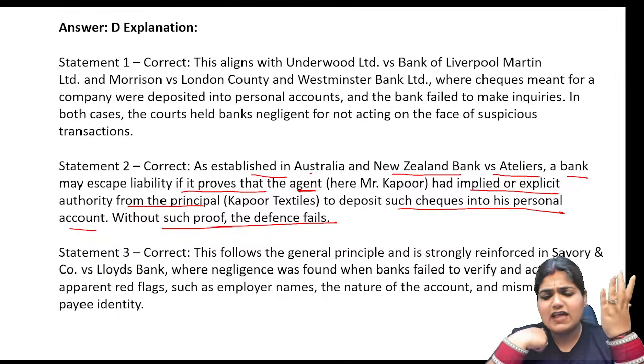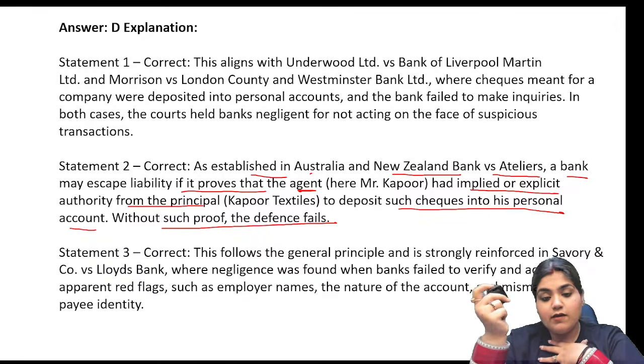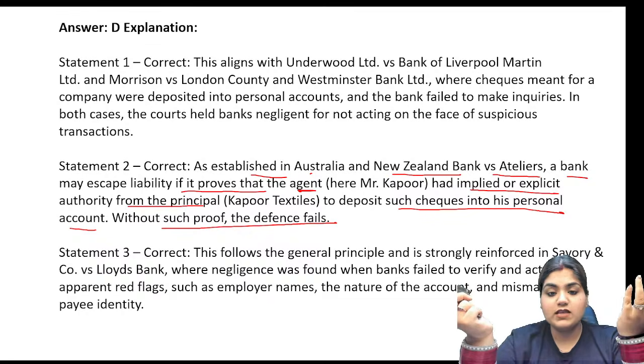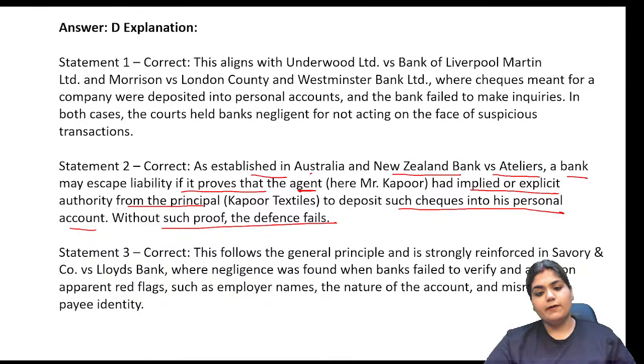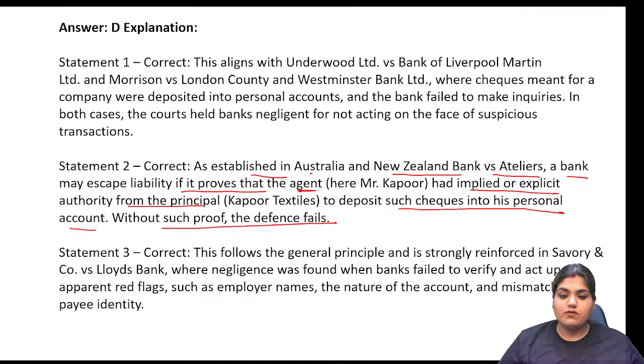Basically a defense is allowed to the bank. If the bank shows that I was allowed by this company earlier, they can say, we don't know when you took away the authority from Mr. Kapoor, you never informed us. That is why we allowed Mr. Kapoor to get paid. Bank can take any defense that is with them so that they do not become liable.